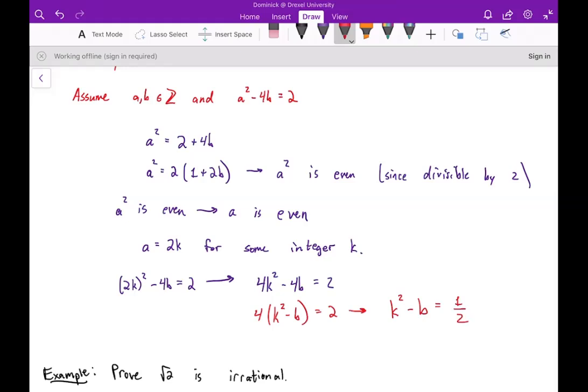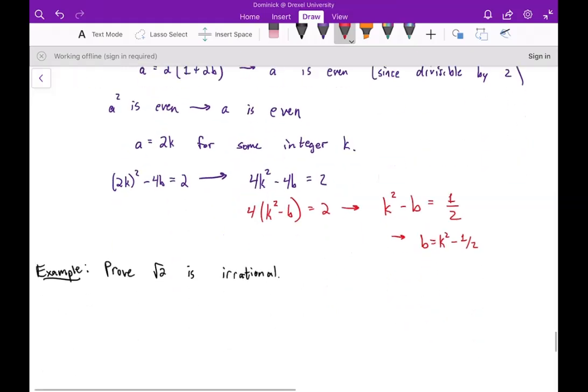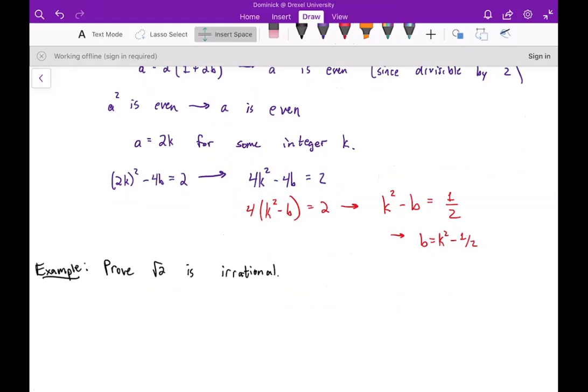Right? And now we have a problem here, right? Because if you were to solve this for b, you would get that b is equal to k squared minus 1/2. But this is a contradiction, right? This is nonsense because k is an integer, and we're taking 1/2 from it, right?